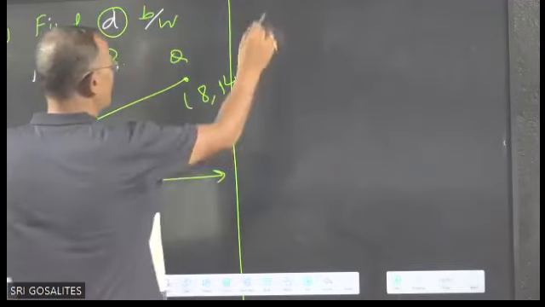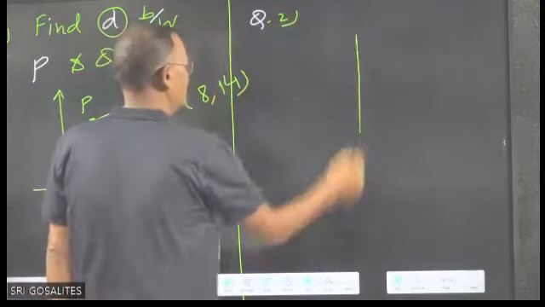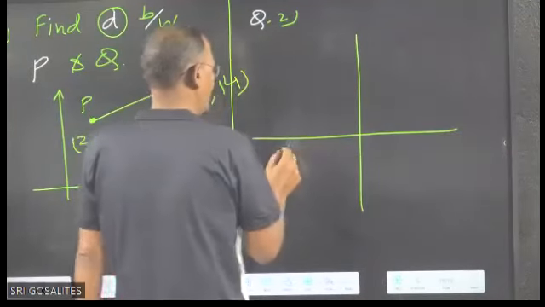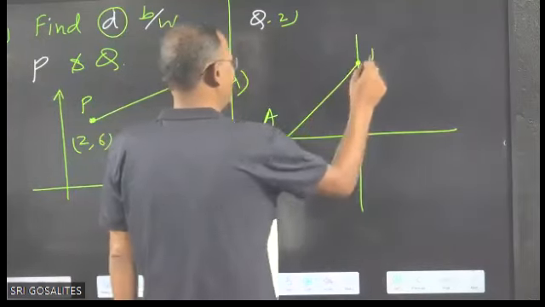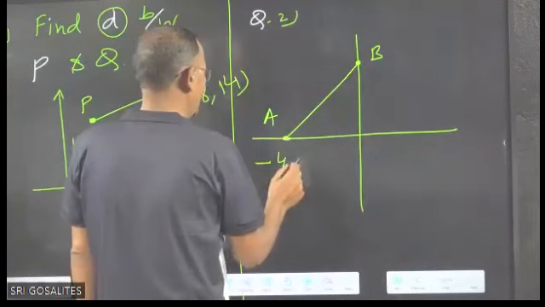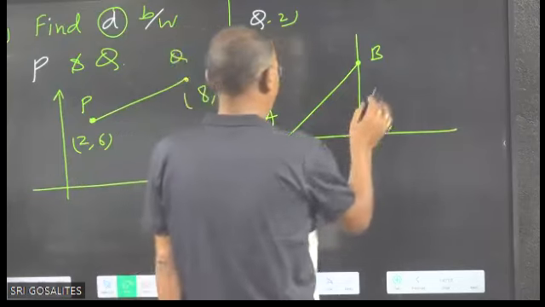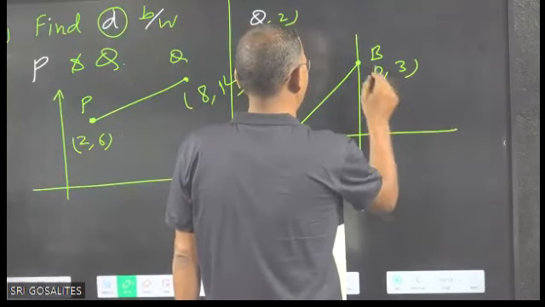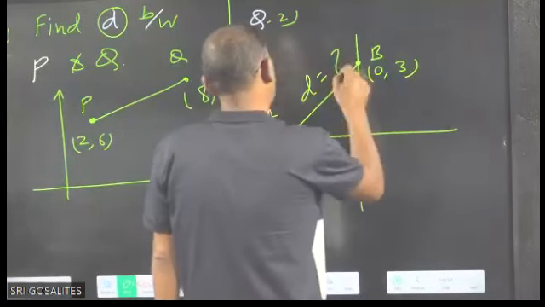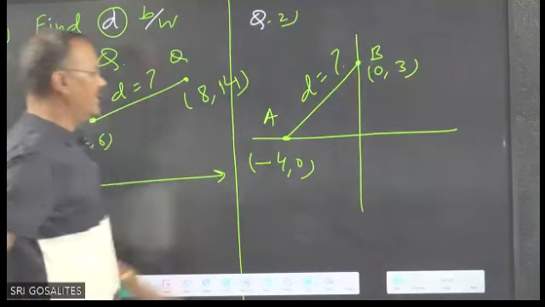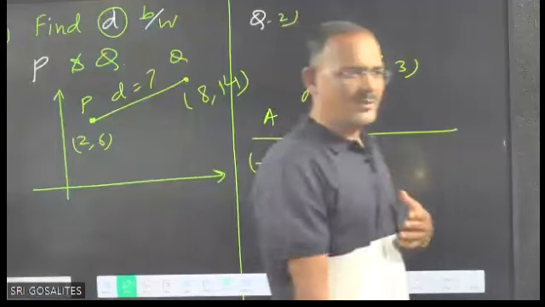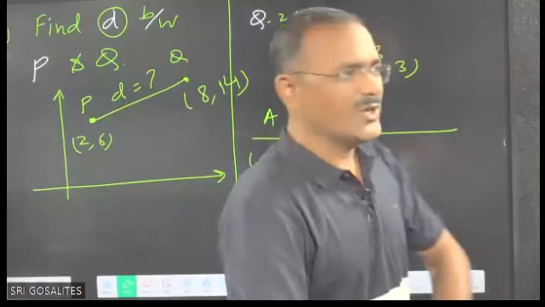Okay. Question 2. What is the distance or the length of the line AB? This coordinate is this and this coordinate is this. Come on. यहाँ D निकालना है आपको, distance between P and Q, and what is the distance in this case? Okay, come on. 2 minutes for all of you.